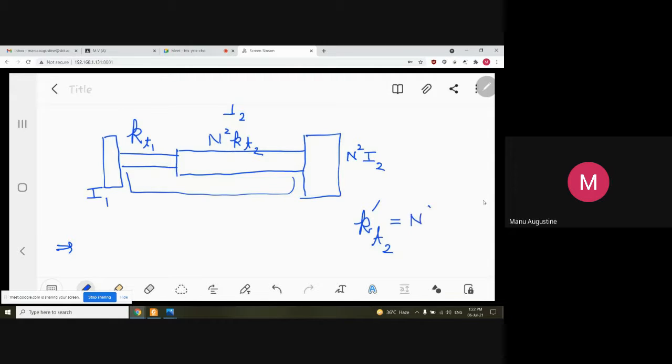So this is n square kt2, and instead of n square I2, let me simply write it as I2 dash. So this will be n square kt2 is kt2 dash, and n square I2 is I2 dash.